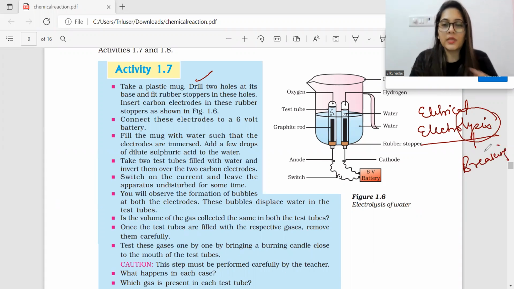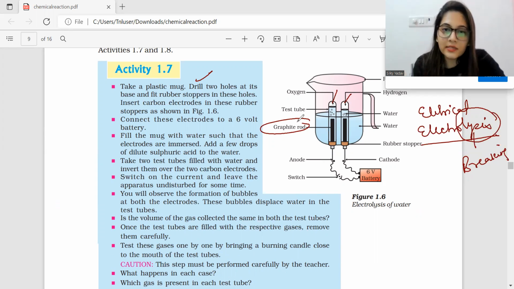So we will be using electricity to break the components from which water is made. You can see we're using 2 glass tubes inside which we have graphite rods. Why are we taking graphite rods? Because a graphite rod can easily allow the passage of electrons from one side to the other. That means electricity is transported, right? And that is the reason we are using it.